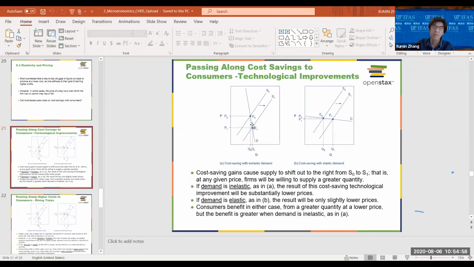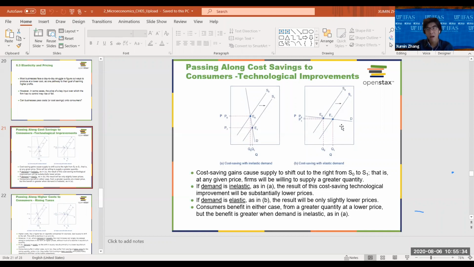So in this case, for diagram A, if the company shifted the supply curve, the price will drop a lot, but the quantity demanded increases just a little bit. In this case, they are very likely to be worse off. Increasing the supply can somehow reduce their revenue, because this is an inelastic demand curve.